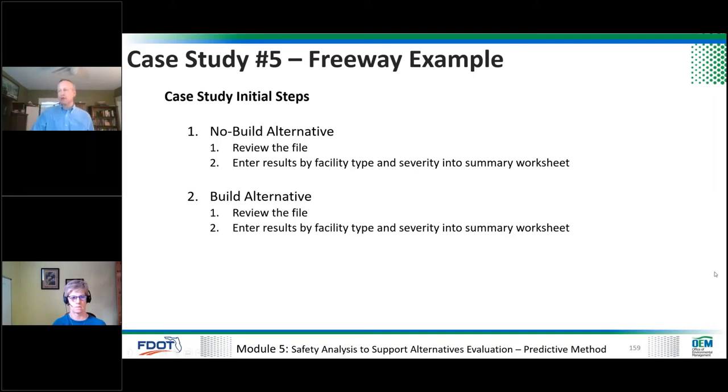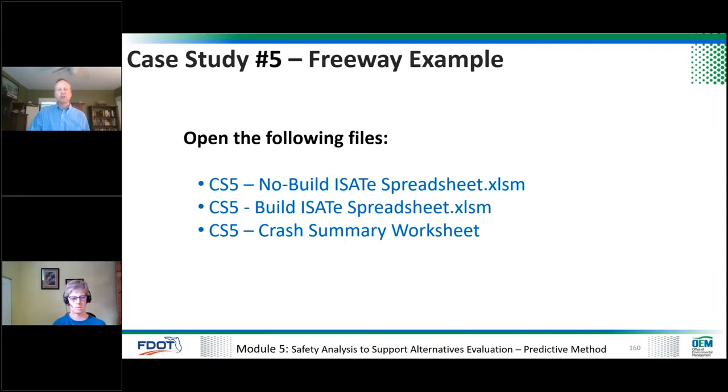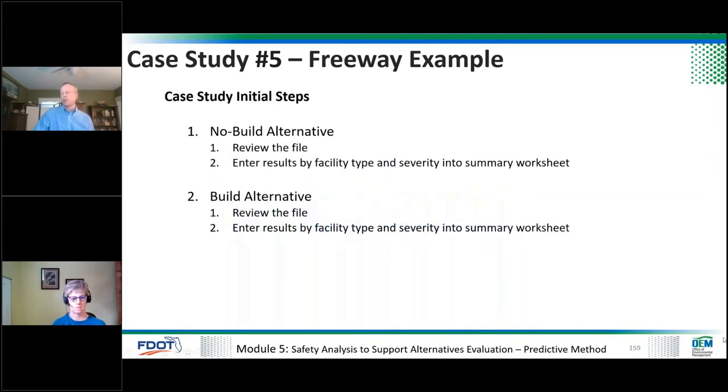If you haven't already opened those files, go ahead and open these 3 files: the no build, build, and crash summary worksheet for all the CS5 alternatives. Similar to last time, 3 sheets. There are embedded macros, so you need to enable the macros when you open those up.